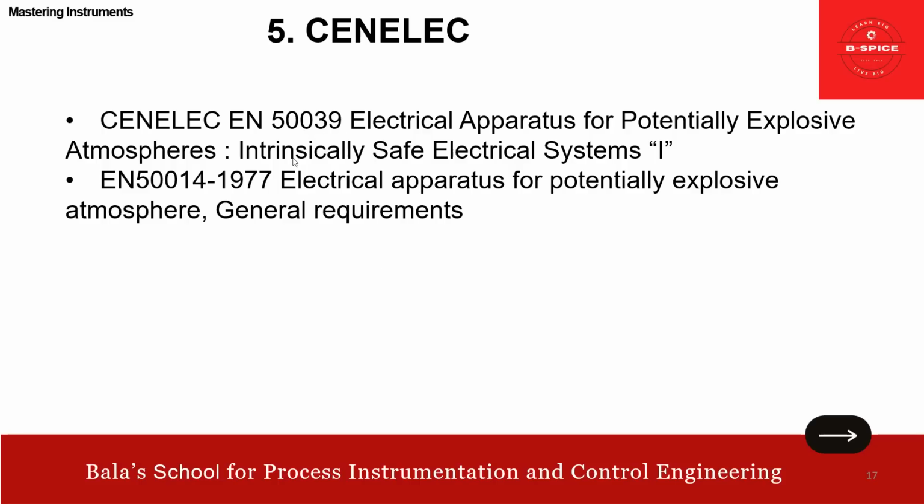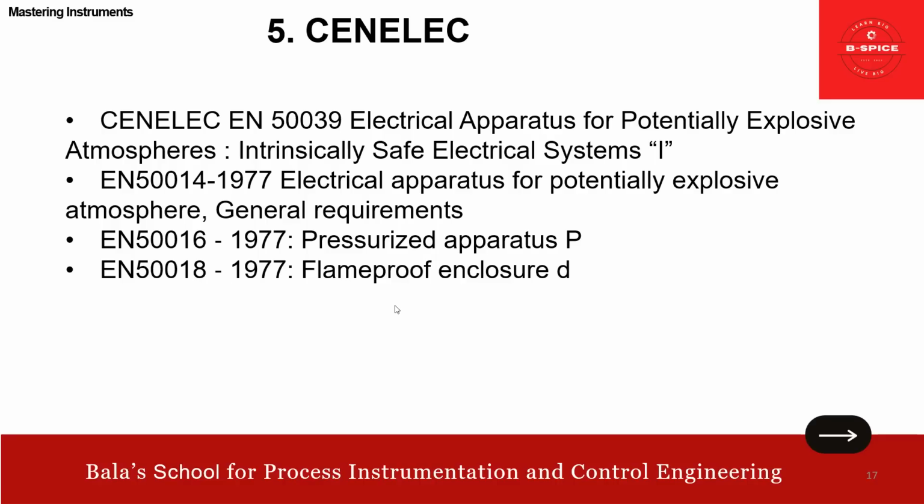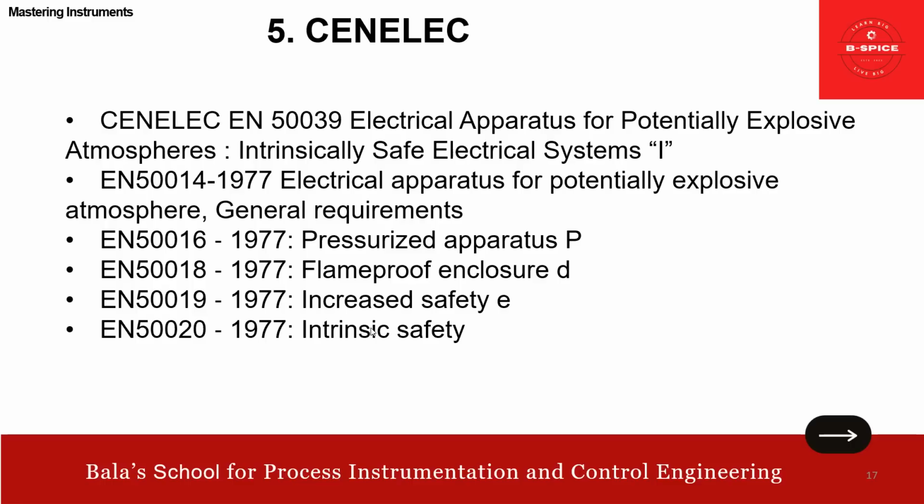So 50039 specifically talks about intrinsic safety, and 50014 talks about general requirements. EN 50016 talks about pressurized apparatus, P. Then 50018 talks about flameproof enclosure, d. Then 50019, increased safety, e. Then 50020, intrinsic safety. This is about CENELEC.